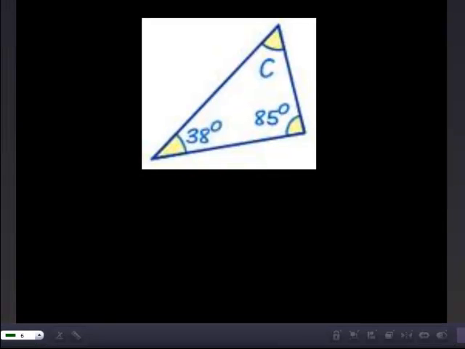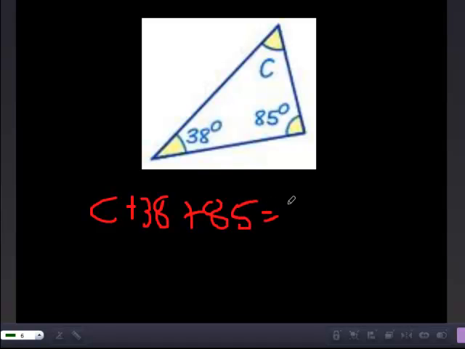So in this particular triangle, we know that these have to equal 180, so we could really even make an equation out of this. It would be C, what we don't know, plus 38, which we do know, plus 85, which we do know, would have to add up to 180 degrees, because all of the angles in the triangle add up to 180.